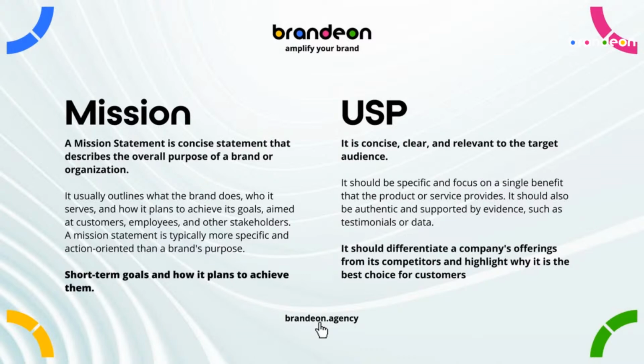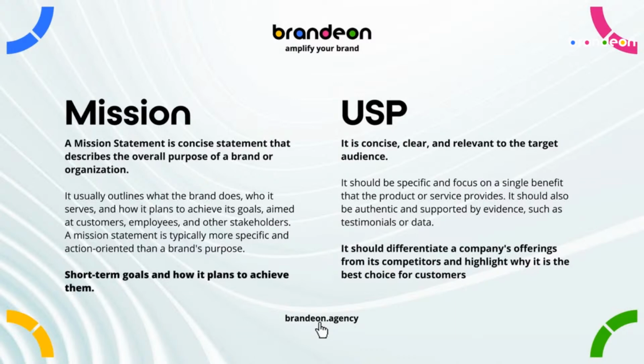So the key thing we want to take away from last week is a mission statement is something that's used more so internally. It can be seen out there in the public, but it is really about a way you're going to take the organization. So it's almost like short-term goals and plans to achieve whatever you're trying to aspire to do. Where the USP is a little bit different in how it goes about that.